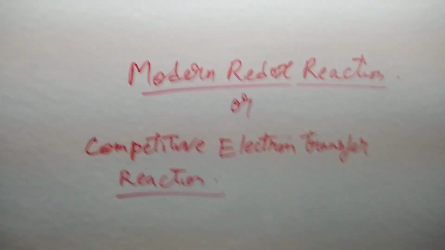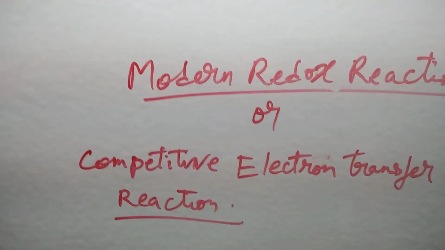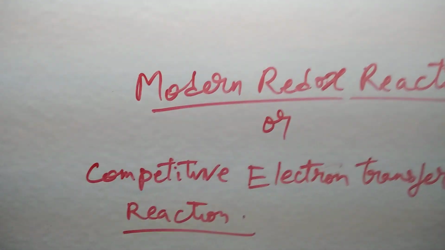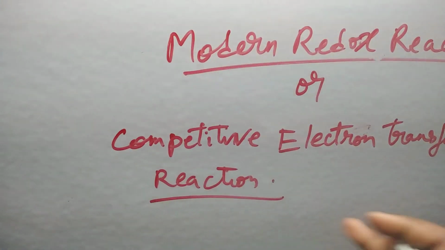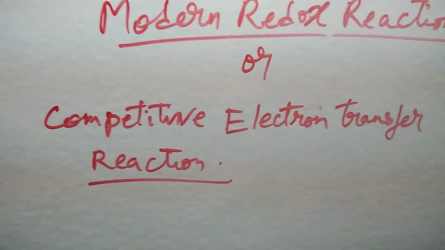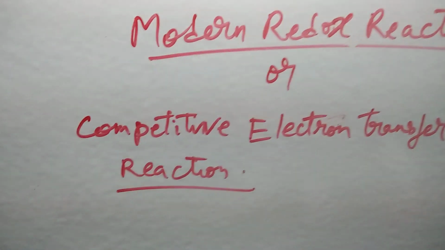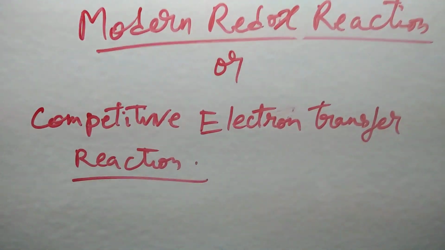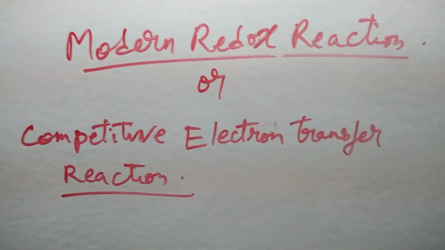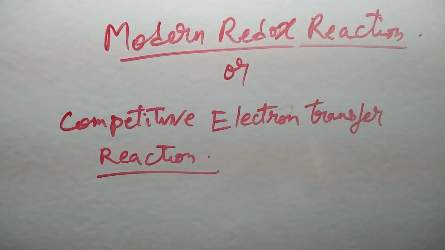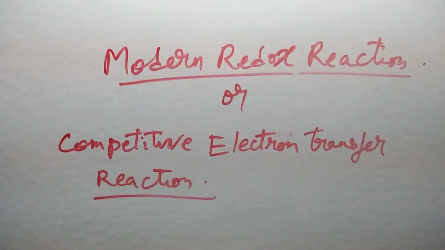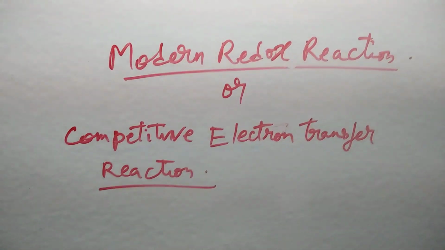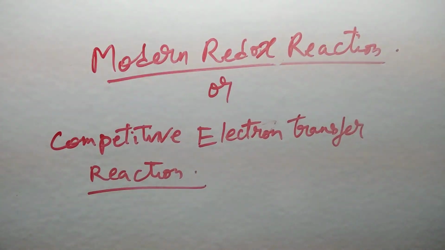There is another method, the modern redox reaction or electron transfer reaction. We will learn redox reactions by transfer of electrons from reactant to product side. Okay students, but not today. In the next lecture we are going to learn about that. So for today, up to this much.